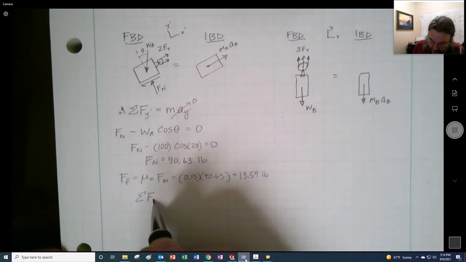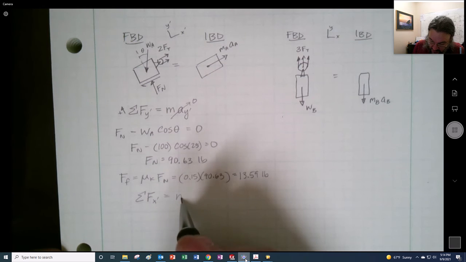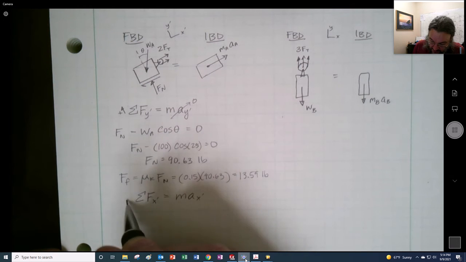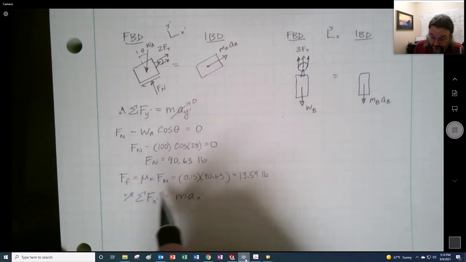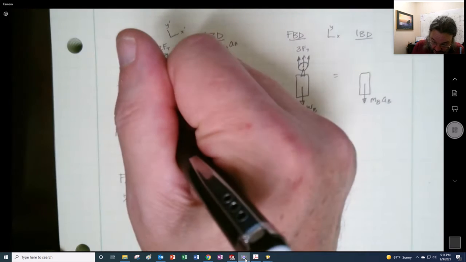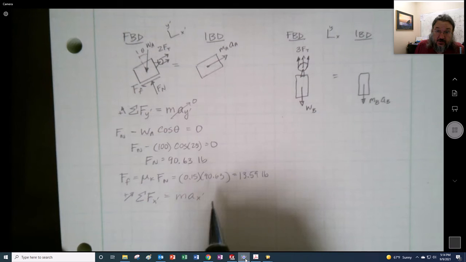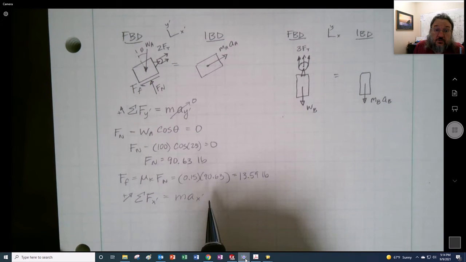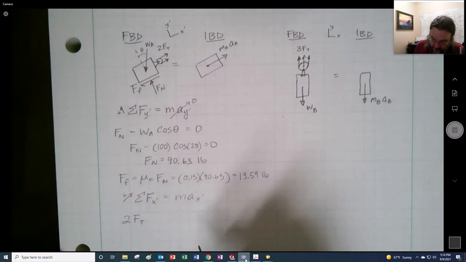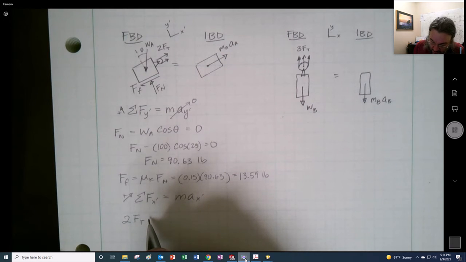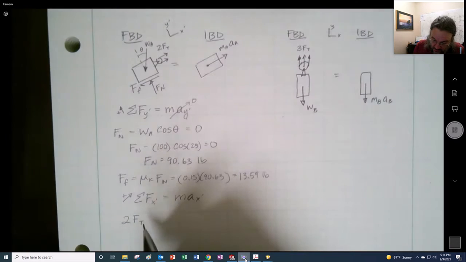Sum of the forces in the x prime direction equals mass times acceleration in the x prime direction. And so we got, oh, I forgot to write out my friction right there. There you go. Okay, so we have 2 times Ft right there. So that's going in the positive direction.